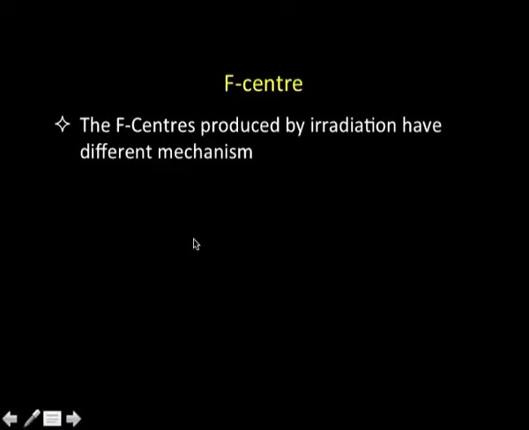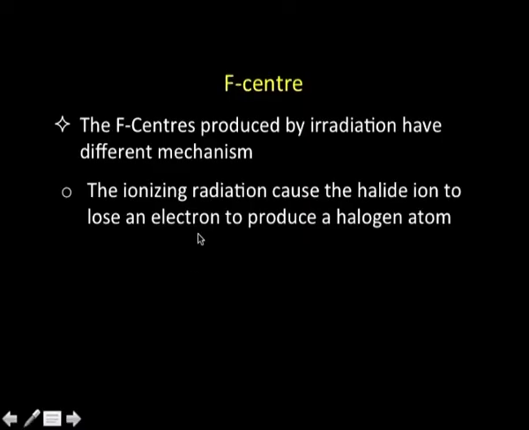But the mechanism of defect formation in such cases is different. The F centers produced by radiation have a different mechanism. The ionizing radiation causes the halide ions to lose an electron to produce a halogen atom. That means, we have an alkali metal ion and a halide ion, and the halide ion loses an electron and becomes a halogen atom.